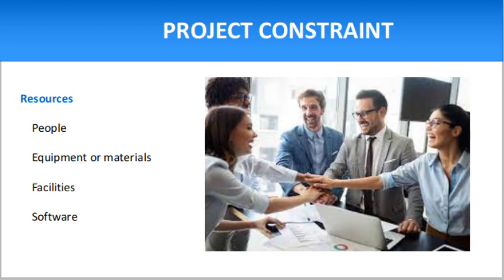Next is the resources. Resources means people, equipment, facilities, software, hardware, etc. For example, there is a limitation that for the implementation of a project, you have only 10 resources. You cannot take more than 10 resources. There is a limitation that you will use a particular software for the implementation of a project.